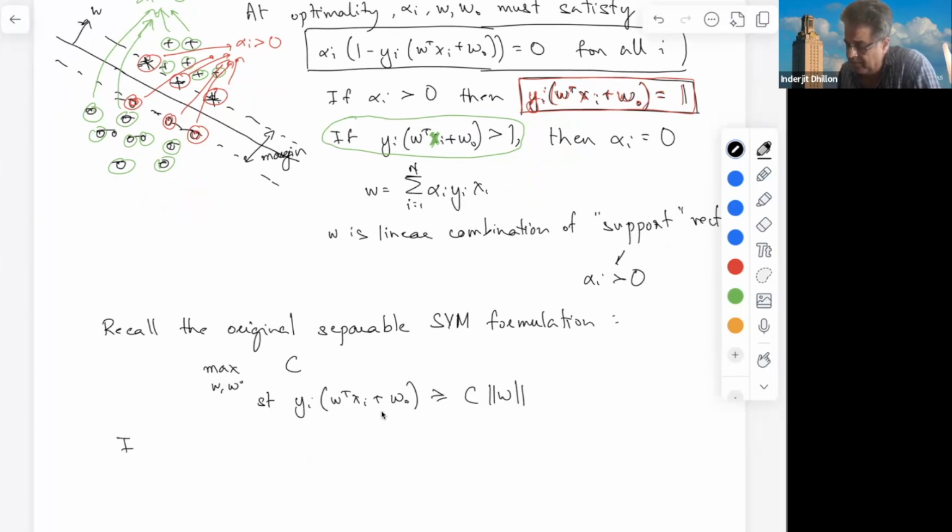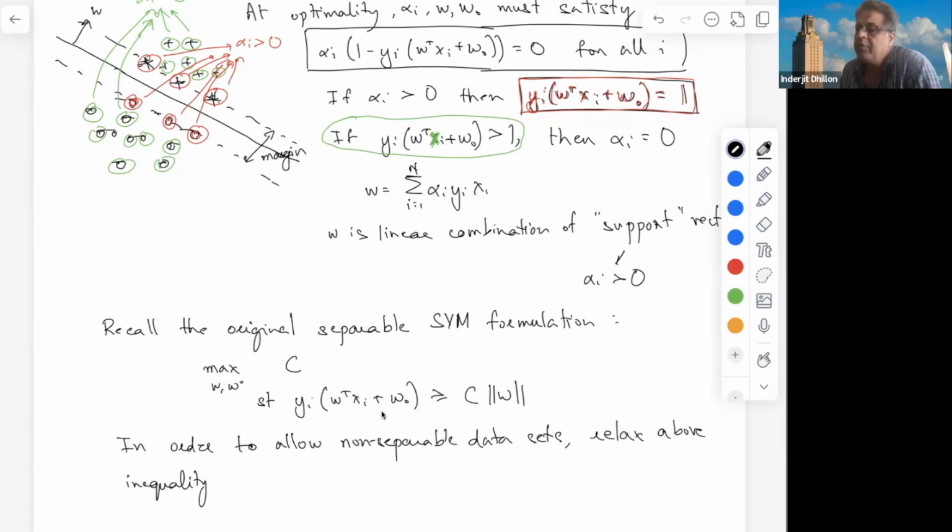In order to extend this to non-separable data sets, what we will do is relax the above inequality to have a slack.